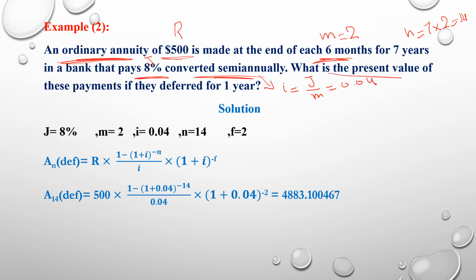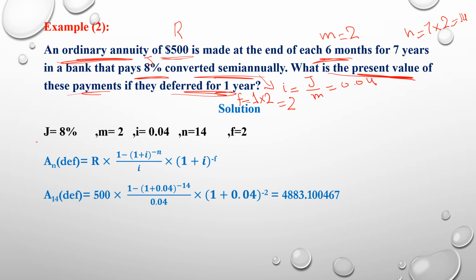What is the present value of these payments if they are deferred for 1 year? So the deferment period is a year, and f equals 1 times 2, which is M. So the number of deferment periods, which is f, equals 1 year times M equals 2, so f equals 2.